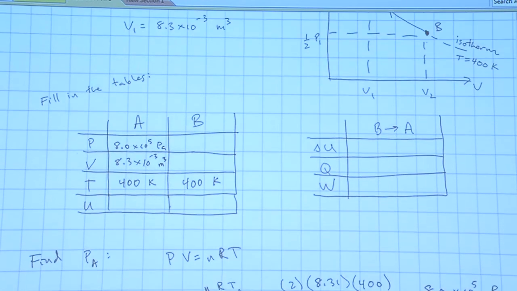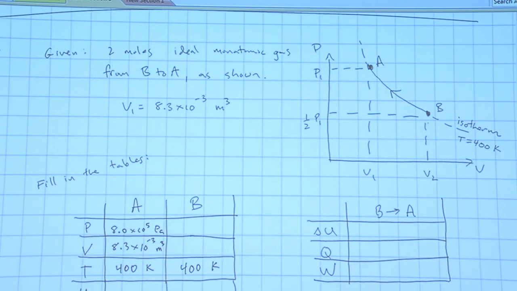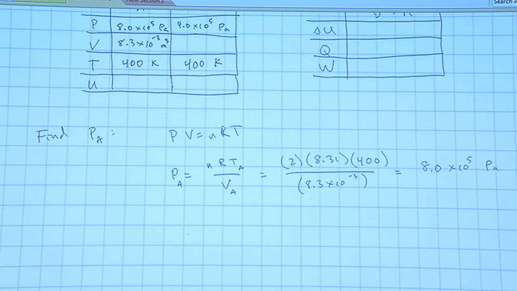I can use the relationship that was given in the PV diagram between P at A, P1, and the pressure at B is half of P1. So I can go ahead and put that in here. 4 times 10 to the 5th pascals. And now I can solve for V at B using my ideal gas law.